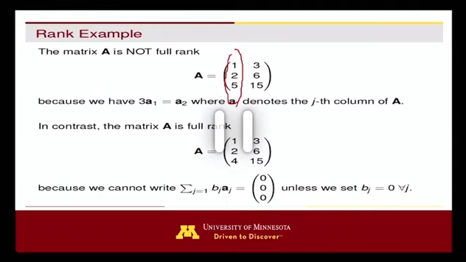But what the rule says is that they should be linearly independent. Now let's take a look at that. If I multiply 3 by 1, that will give me 3. If I multiply 3 by 2, that will give me 6. If I multiply 3 by 5, that will give me 15.